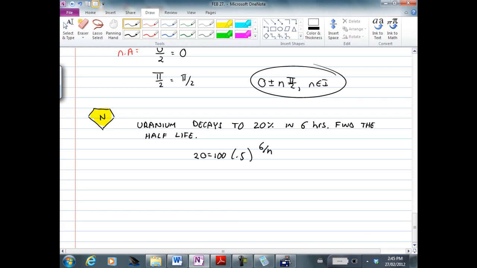If you did this correctly, you should get n equals 2.58, I believe. So 0.2 equals 0.5 to the power 6 over n. Remember, log both sides and you get your answer. Voila. Remember, log, because there's a midterm coming up soon, in about a month. So you've got to gear up for this stuff.